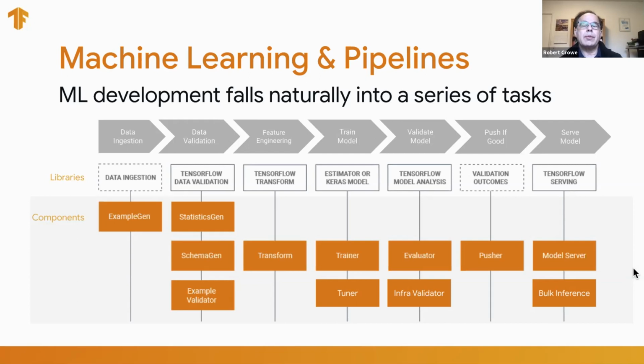There's a series of open source libraries that support key parts of the ML process, like validating data and transforming it and training the model, of course, and doing really some deep analysis of model performance, which we don't really get into in this presentation, but it's a very important topic in the field. And then, of course, serving.